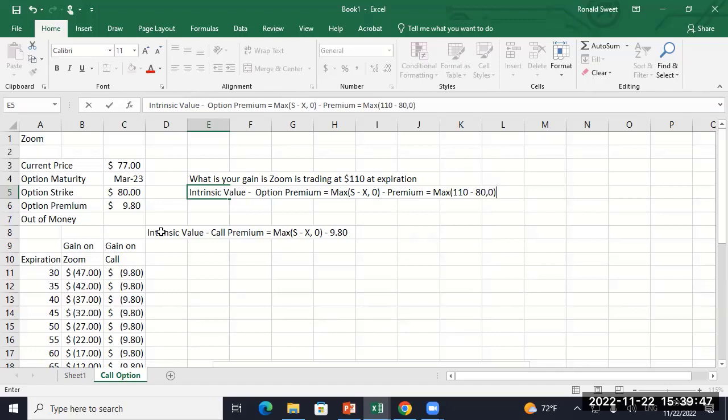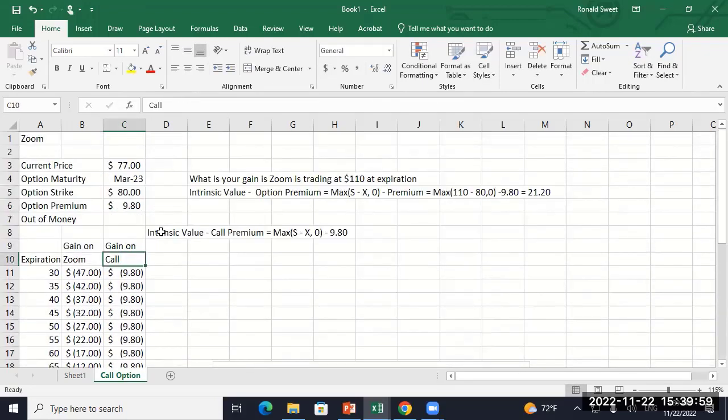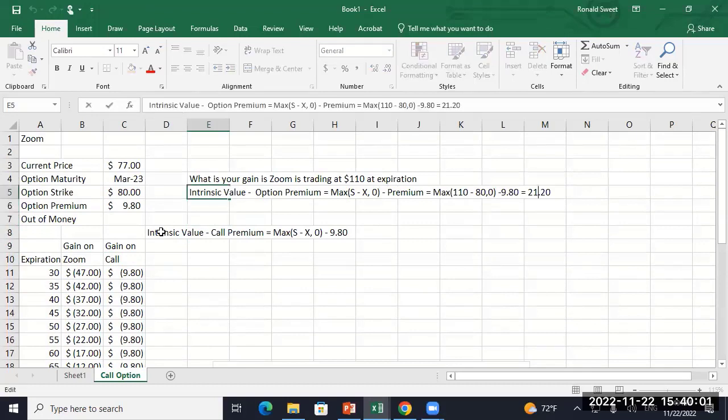What's that going to be? $30 minus 980. So it should equal what, 2120 or something like that. 110, 2020. I can't do the math. 2020. So that's what you do on an exam.